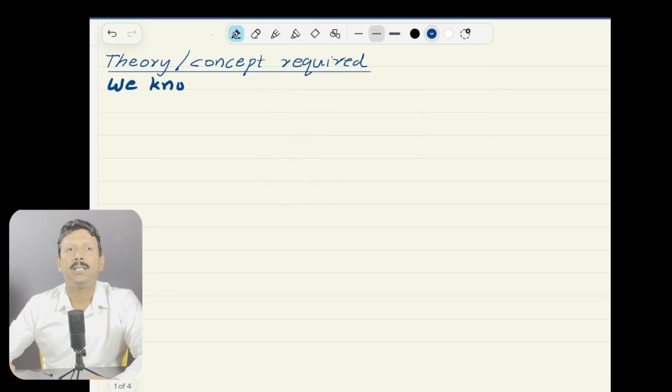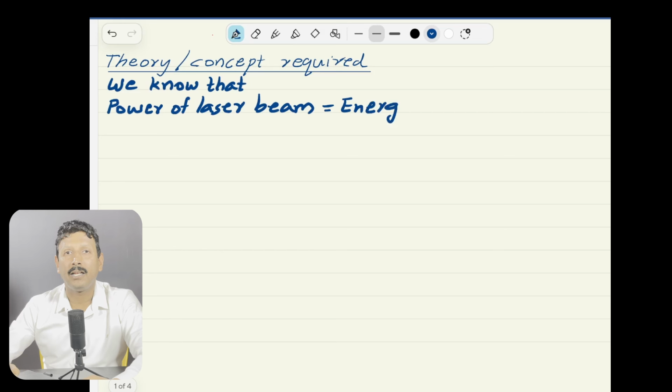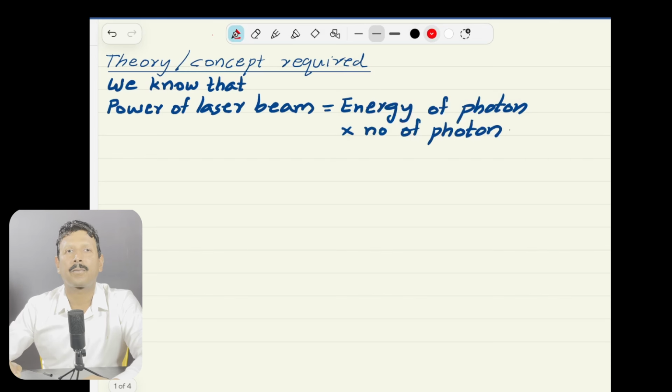The first statement: we know that the power of the laser beam is equal to the energy of each photon into the number of photons.